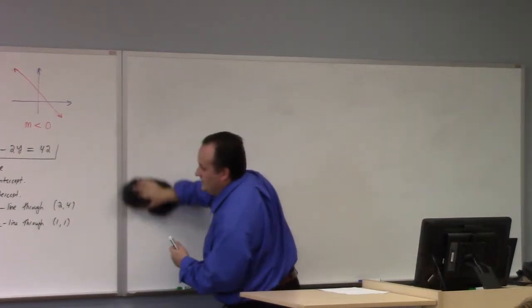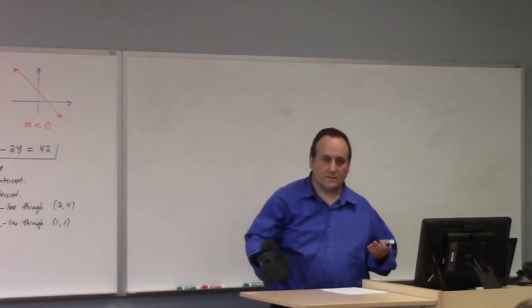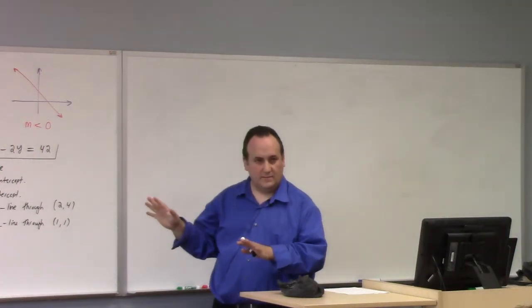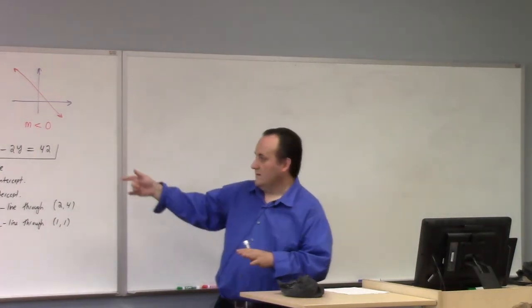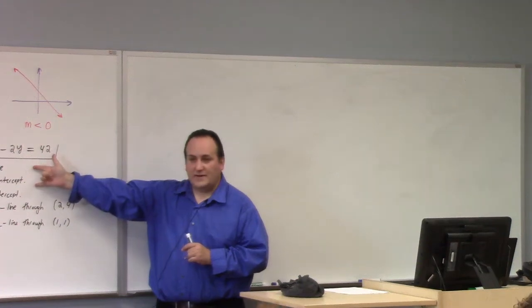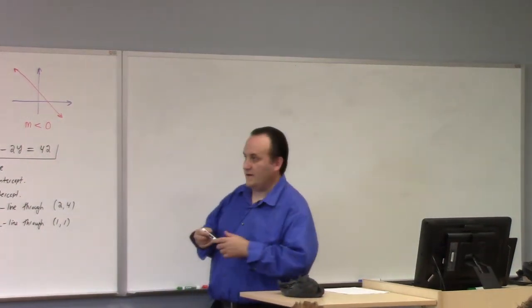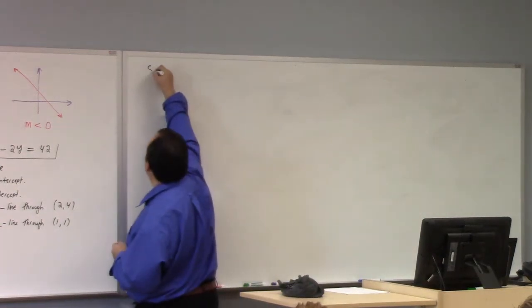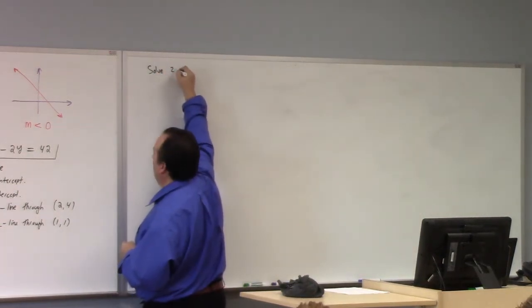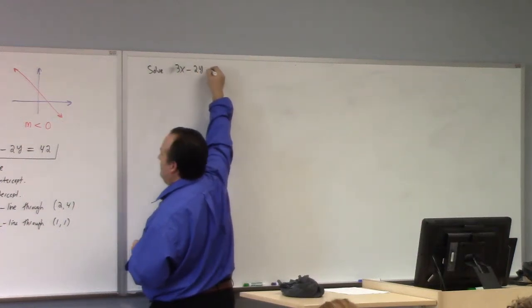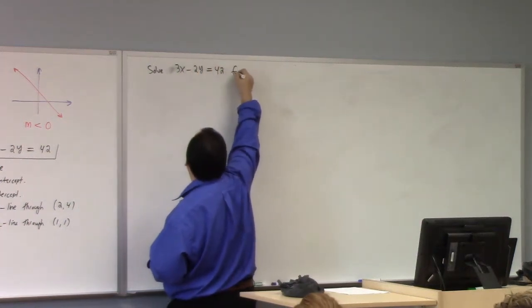So can you guys tell me what I should do? A couple of these questions we can answer all at once, right? If you think about it, we can solve part A and part B by just doing what? Solve for y. So solve 3x minus 2y equals 42 for y.